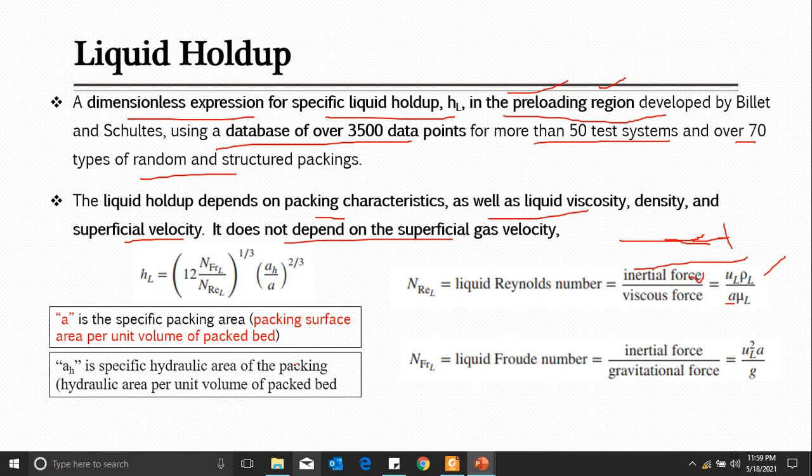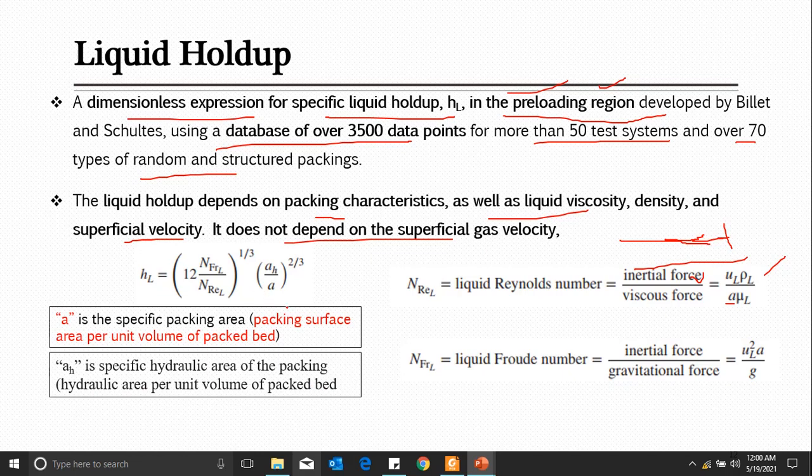I think you are already aware of the hydraulic radius, which is used for representing objects that are not cylindrical. For those we use terminology called hydraulic radius or diameter. So the hydraulic area is the area based on hydraulic diameter, that is, the hydraulic area per unit volume of the packed bed.